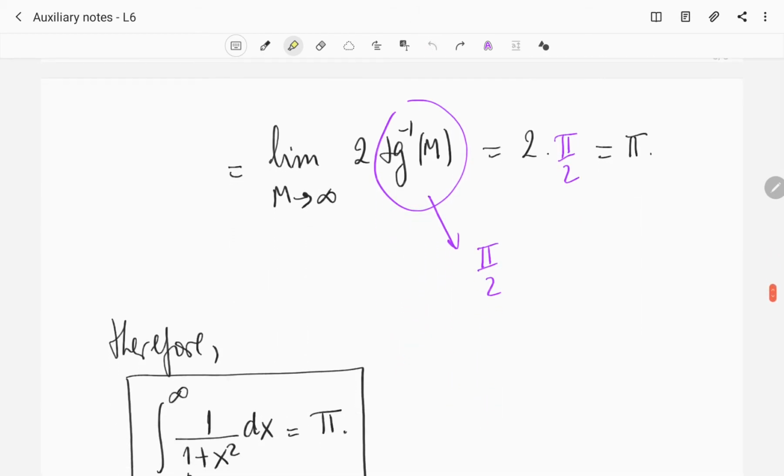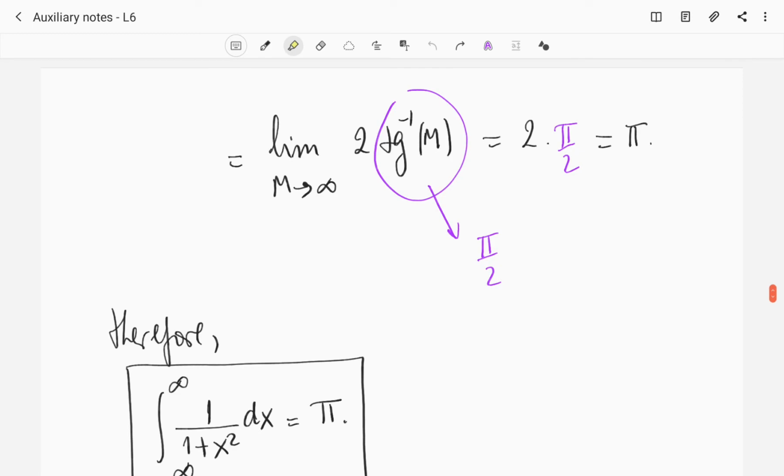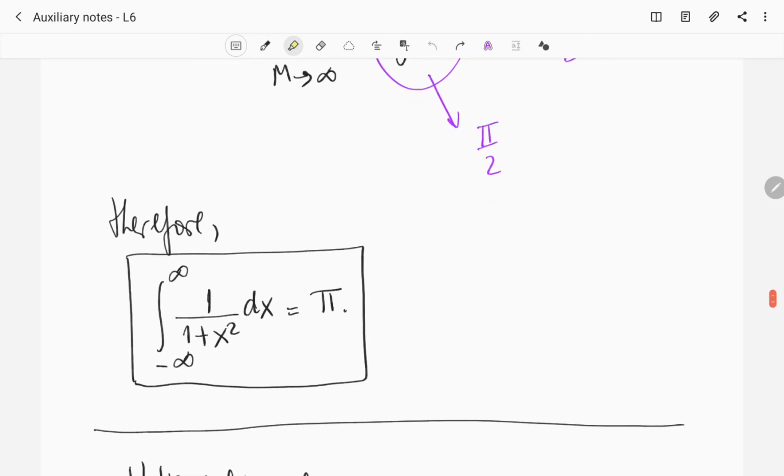So coming back to the computation of the limit, this guy, when m goes to infinity, goes to pi over 2. So that's what we have here. And so these two and these two kill each other, and we have pi. Okay, so this improper integral takes the value pi.